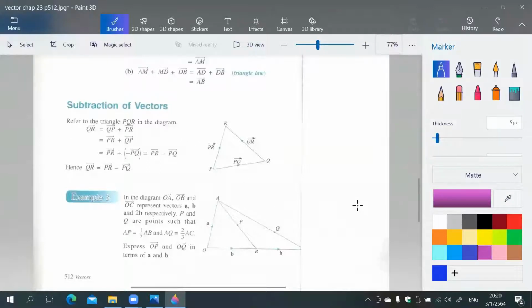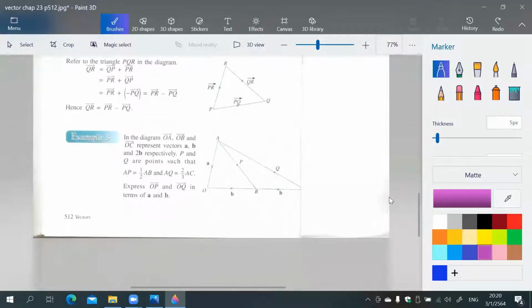Next, we're going to go for example number 3. In the diagram, OA equals vector A and OB equals vector B, and OC equals 2 vector B. C is right at this point.